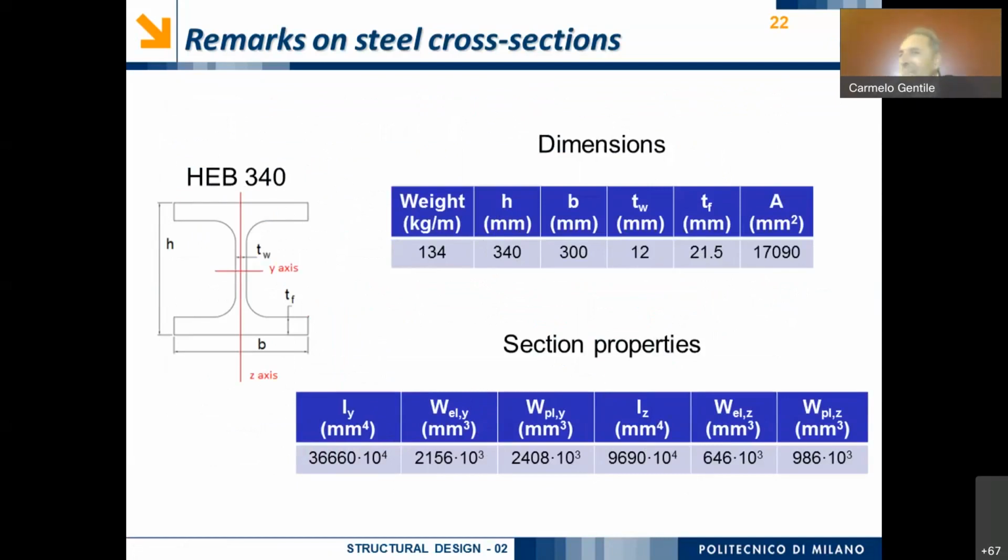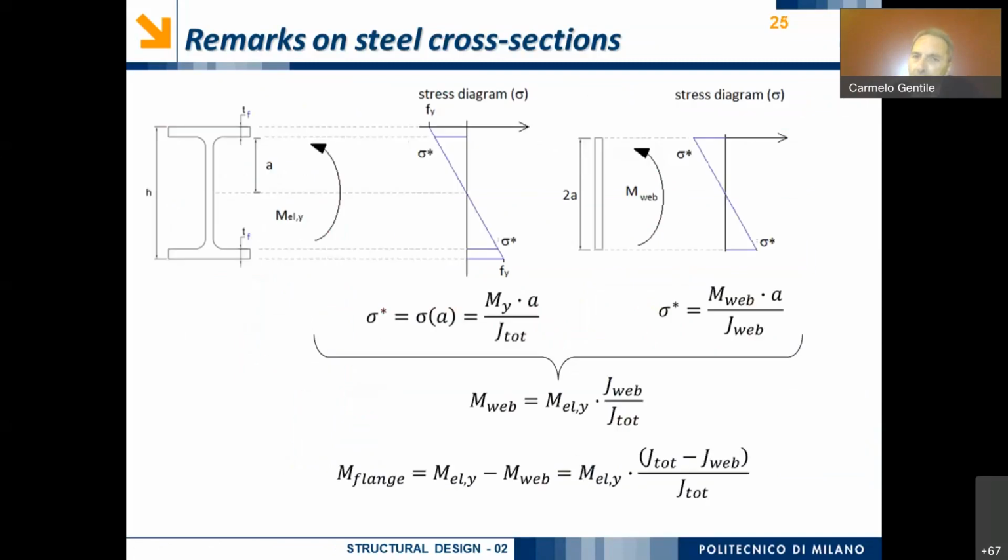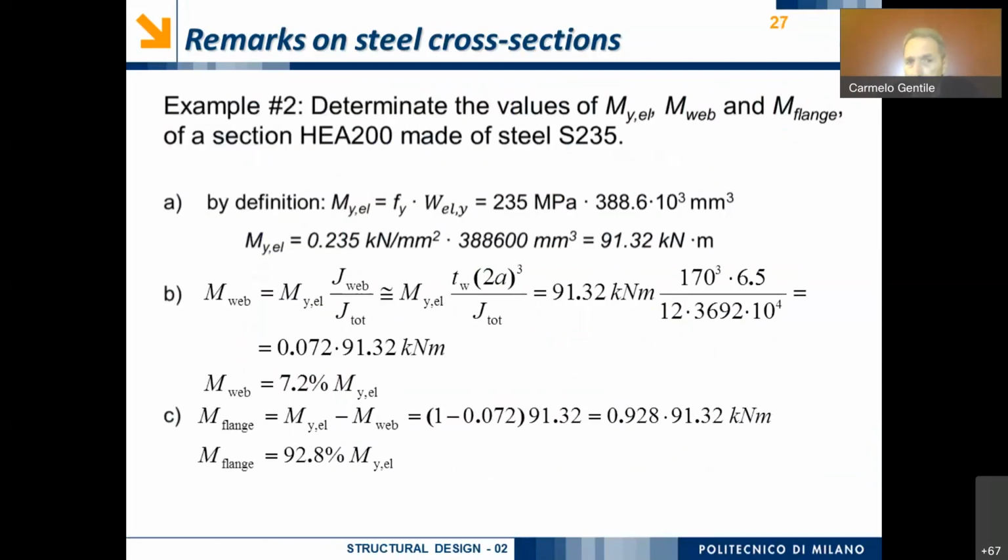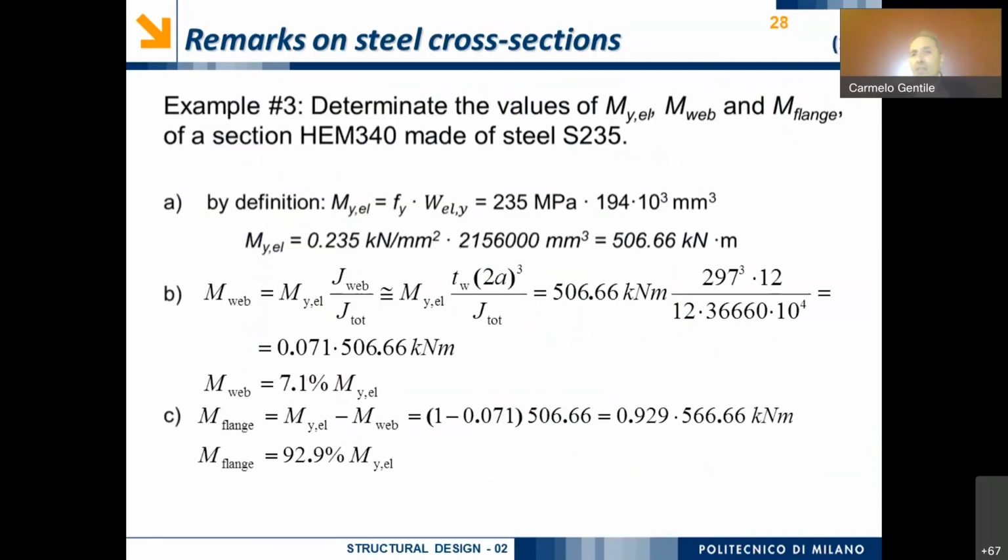Take a look at the dimensions of the different profiles, and you will very quickly understand the meaning of this way of denoting the standard profile. Please note that not in every case is that equal to the height of the cross section.